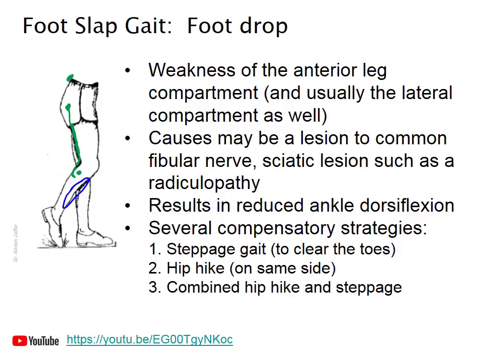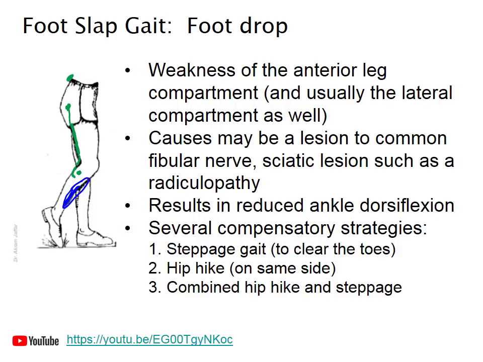So anywhere along the path of the sciatic or common fibular nerve, any of the nerve tissue can be compromised and result in a weakness of the musculature here in the anterior compartment.